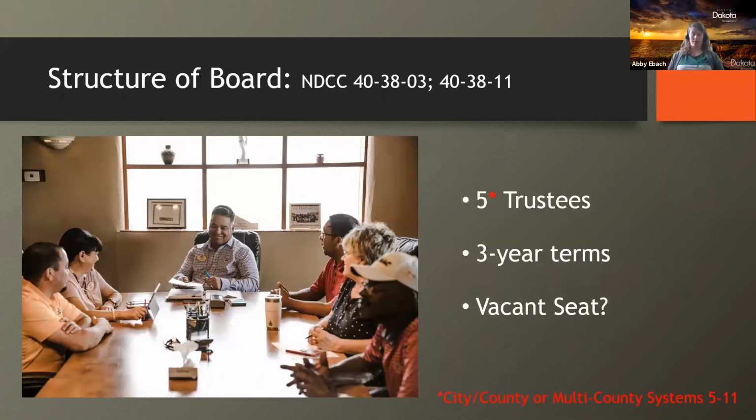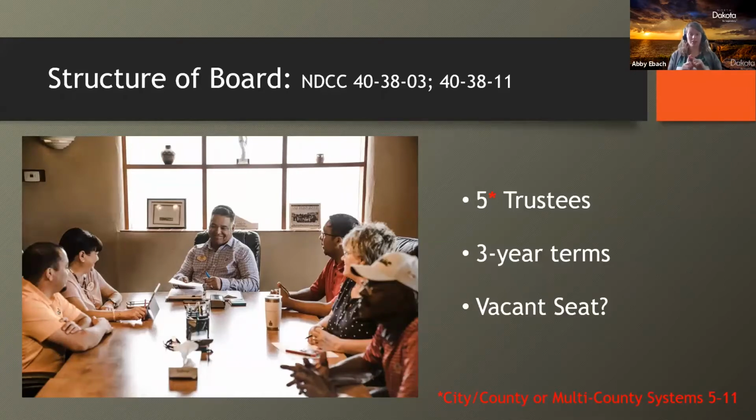The board is required to have 5 with an asterisk. So all trustees must be residents of the city or county. That means that if you're a city library, everybody has to live within city limits. If you're a county library, the members need to be from within that county.